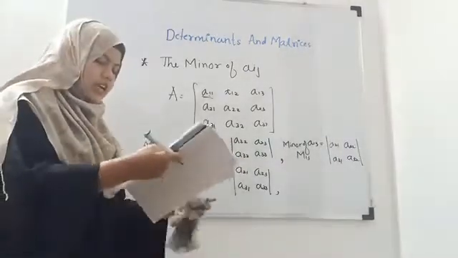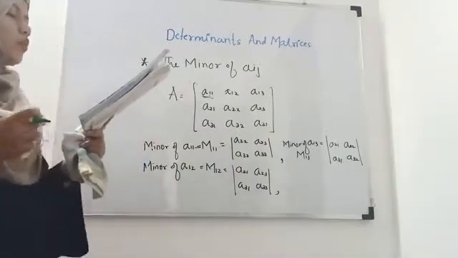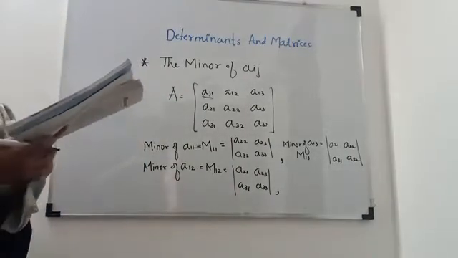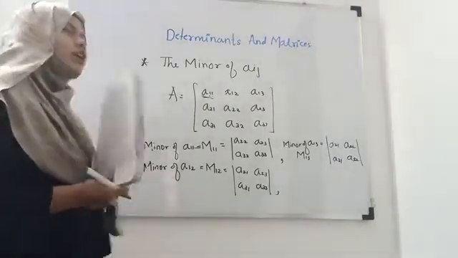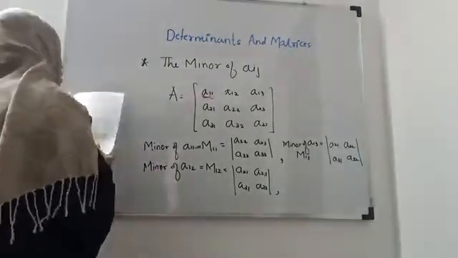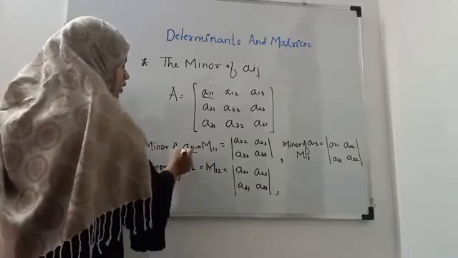So we'll take one example. But before going to the example, we will see cofactors as well. This is the minor, and for the corresponding cofactor, suppose you want to find the cofactor of A11.